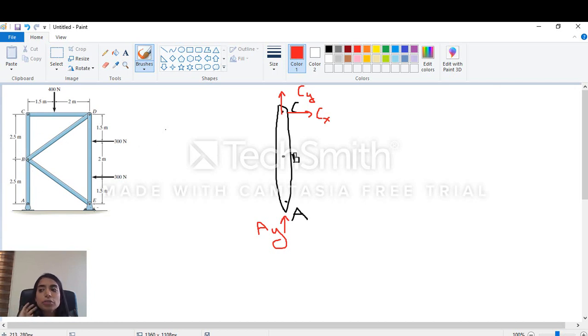Now guys, I want you to pay attention to this note. In the definition of the frame, we said that the difference between the frame and the truss is that I will have at least one member where there is an external force that is not applied on the joint, like the member CD, like the member DE.